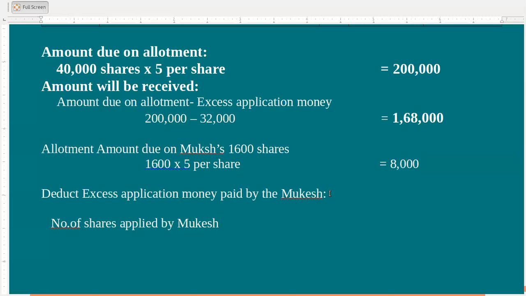Number of shares applied by Mukesh is equal to 1,600 into 48,000 divided by 40,000. Can you tell me the answer? What will be the number of shares applied by Mukesh?